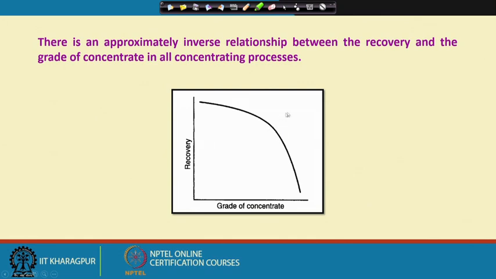That means I am getting more value out of my mined ore, and that is the challenge of any mineral processor. That is, how do I shift the grade recovery curve from this region to this region, whether it can become like this. That is the challenge of the mineral processors.